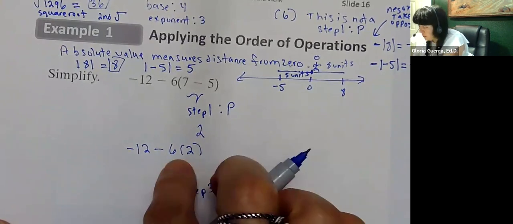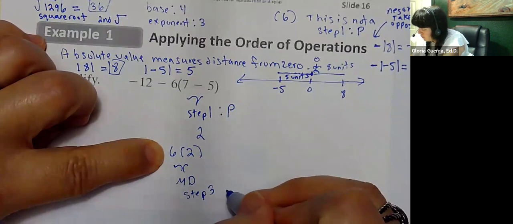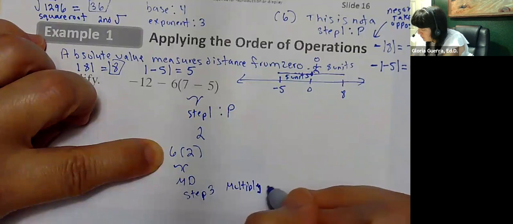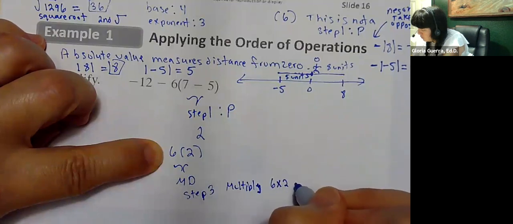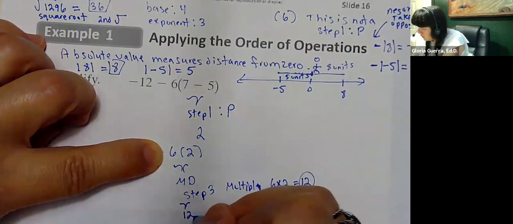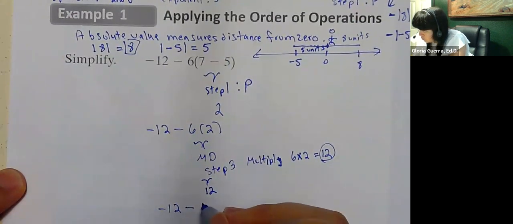This is multiplying, and we're looking at 6 times 2. So you need to multiply 6 times 2, which basically is 12. Okay, 6 times 2 is 12. Okay, so now you have negative 12 minus 12.